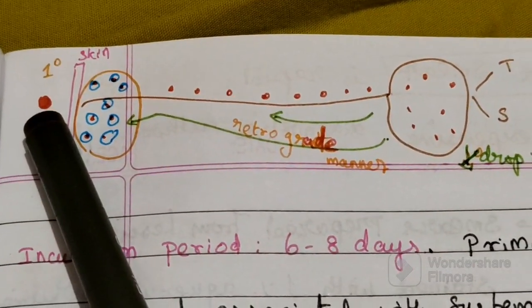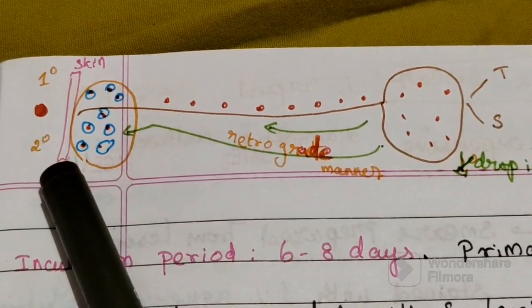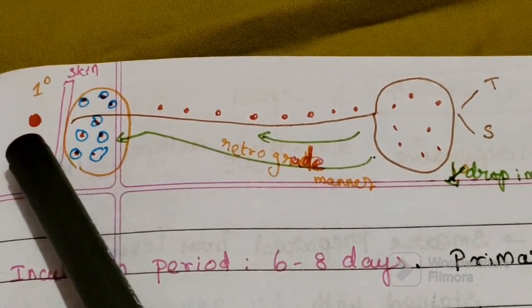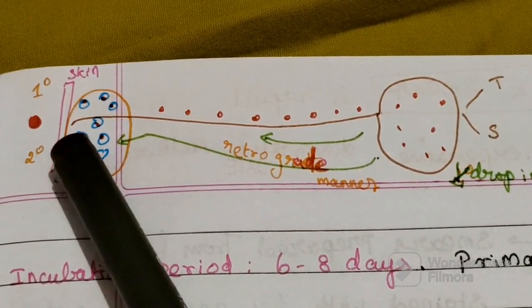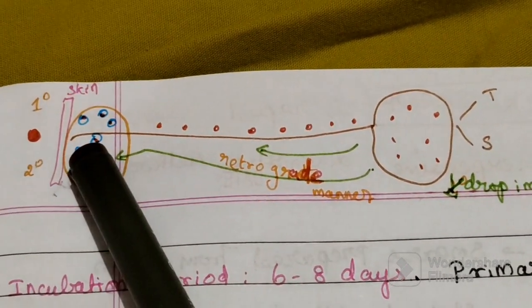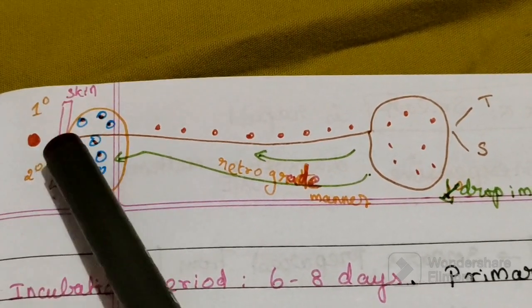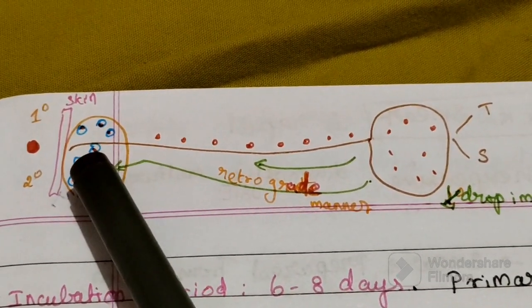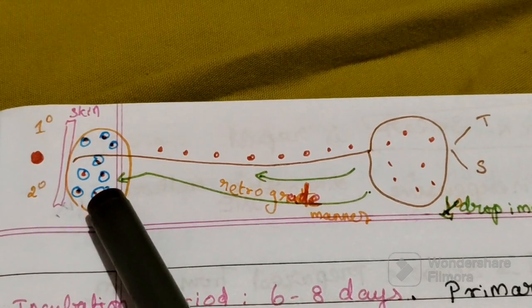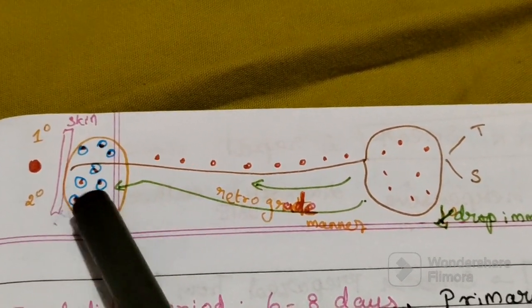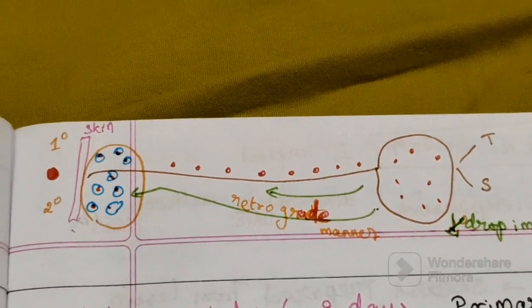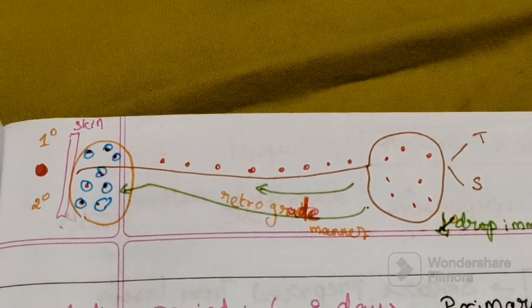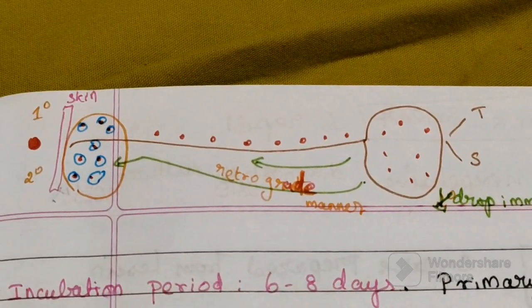Suppose this is the virus, and this is the skin. As soon as the virus enters the body, it will multiply, and lysis of the cells produces a lesion here. This is the primary vesicle, the primary disease.